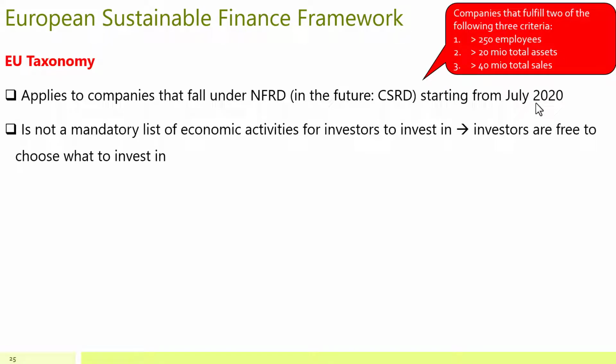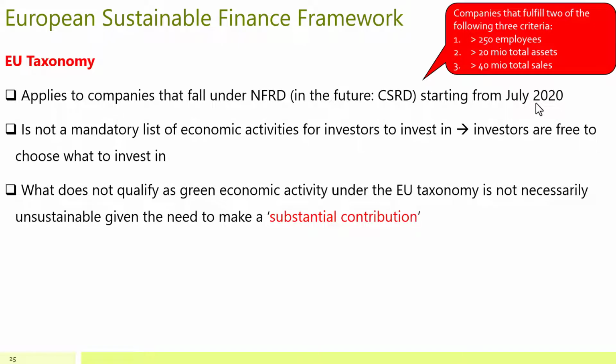Also, what you have to remember is that this taxonomy is not a mandatory list for investors to invest in. Investors can choose whatever they want to invest their money in. The taxonomy is also not something that says that if a transaction or activity is not sustainable in line with this taxonomy, then it's not sustainable.